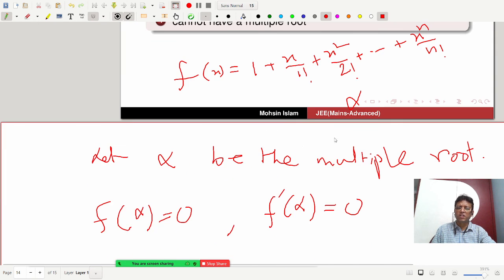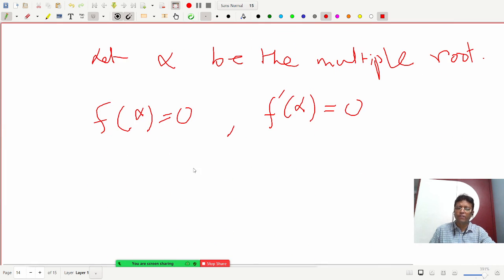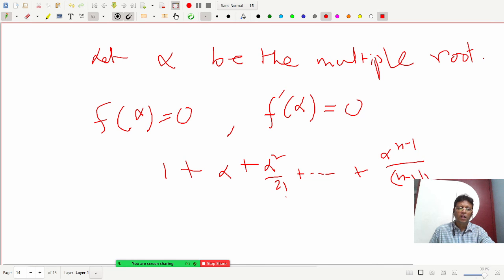So you can write the first one: 1 plus alpha square by factorial 2 etc. The second last term will be alpha to the power n minus 1 by factorial n minus 1, and the last term would be alpha to the power n by factorial n equal to 0.